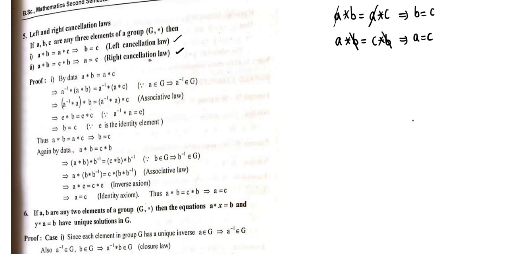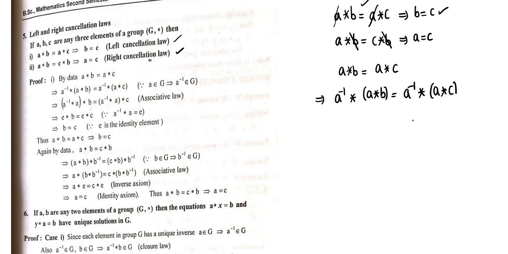Observe the proof. We are taking the LHS, and we want to prove the RHS. Consider a * b equal to a * c. Multiply both sides with a^-1: a^-1 * (a * b) equal to a^-1 * (a * c). Again by using the associative law, (a^-1 * a) * b equal to (a^-1 * a) * c.